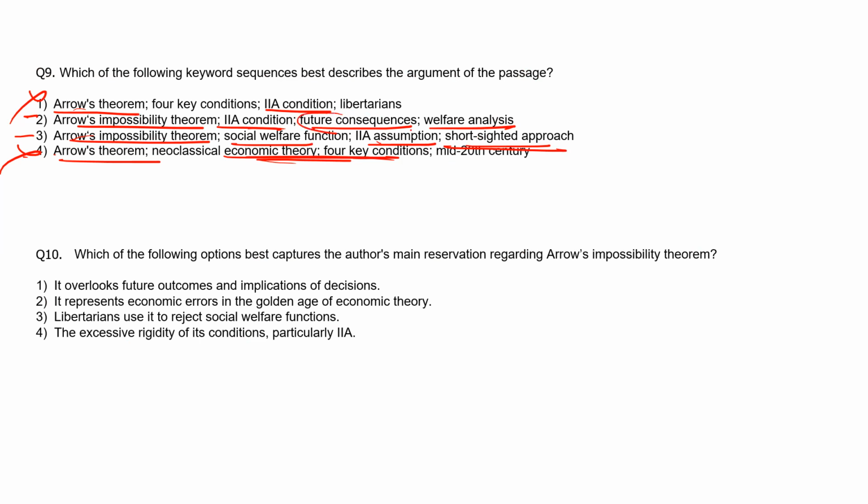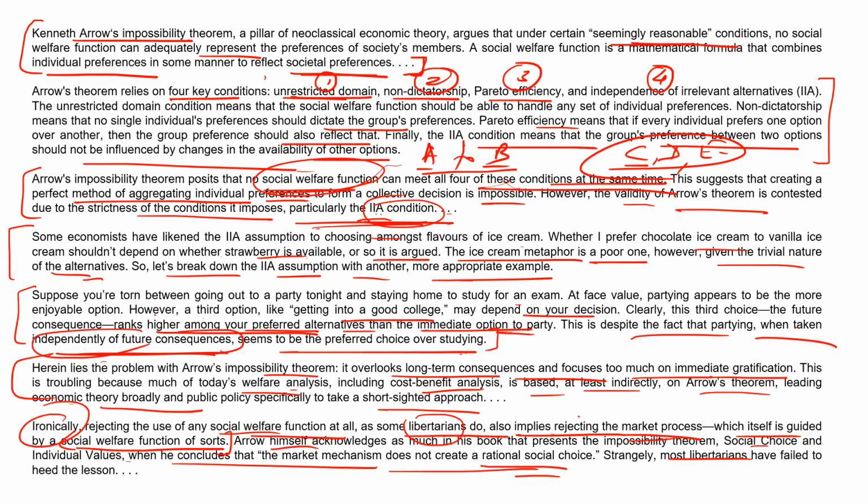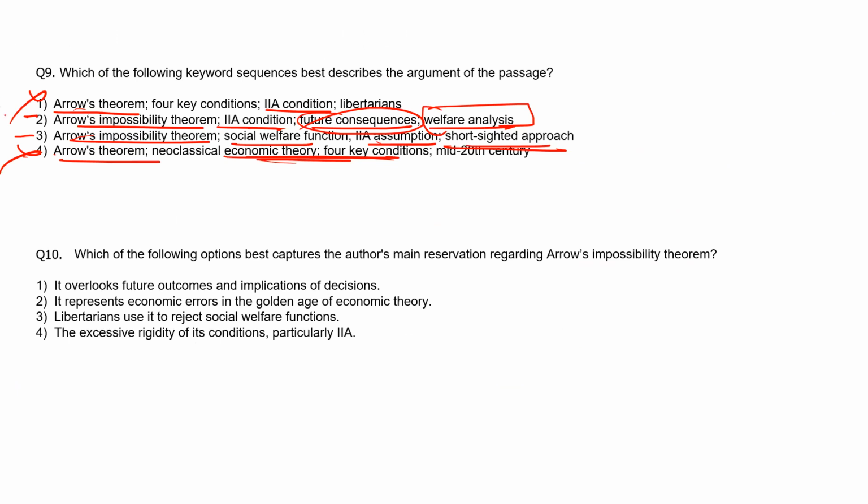So future consequences has come in, but at the end, welfare analysis has come in here. There is no welfare analysis in this; welfare function is written here, but nothing like welfare analysis is visible. So this second one is not it; third is the correct answer here.